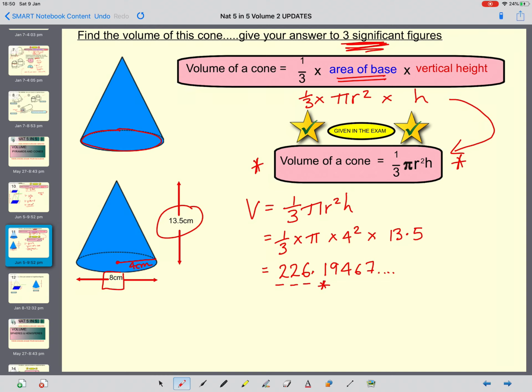This here is your decider. If it's 5 or more, it rounds this 6 up, and if it's less than 5, it stays the same. So this number of 1 is less than 5, so it makes that 6 stay the same. So your answer is 226 centimeters cubed, rounded to 3 significant figures. And that is your final answer.